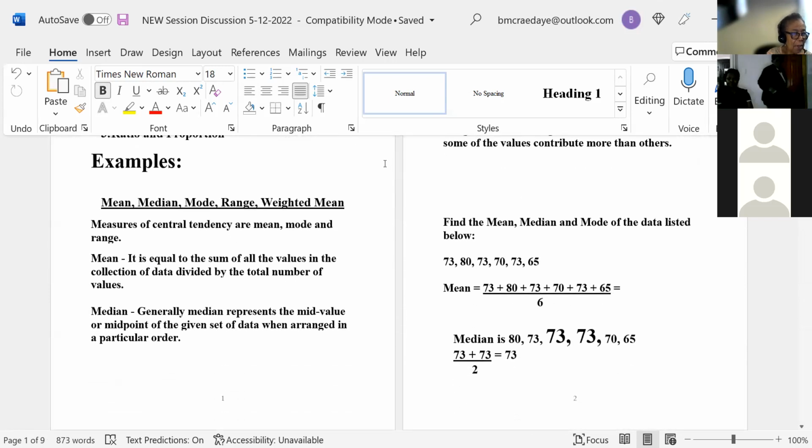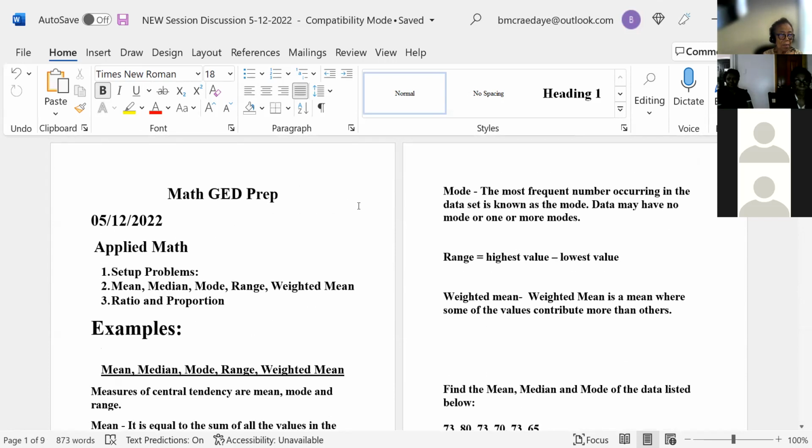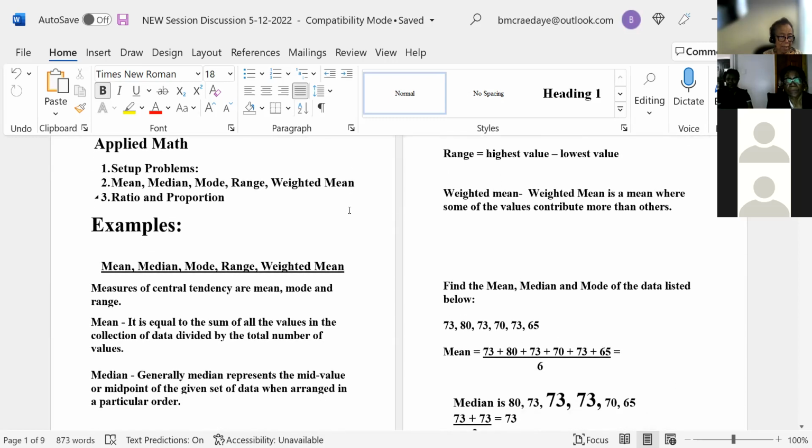When we say measures of central tendency, we refer to mean, median and mode. This is from the applied math material, from last week, but we didn't go through it. So when we say measures of central tendency, we say mean, mode, and range.